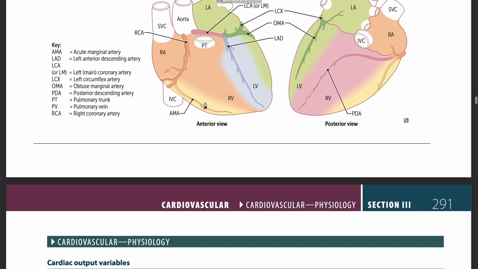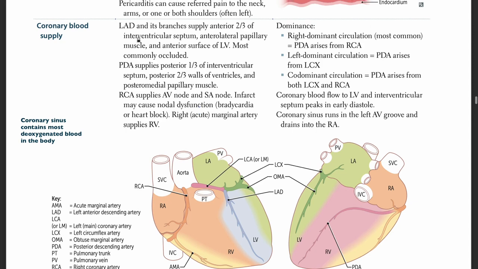What it supplies: the left anterior descending artery supplies the anterior 2/3 of the interventricular septum, the anterior side of the left ventricle, and the anterolateral part of the papillary muscle.